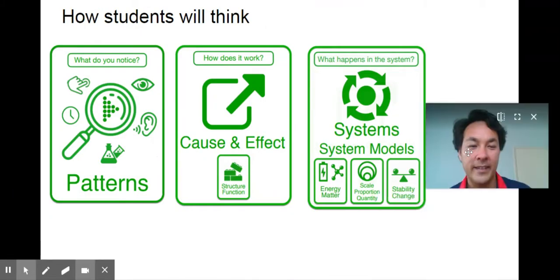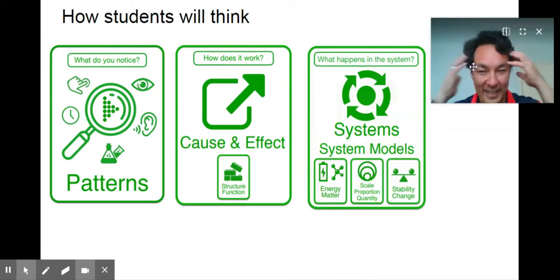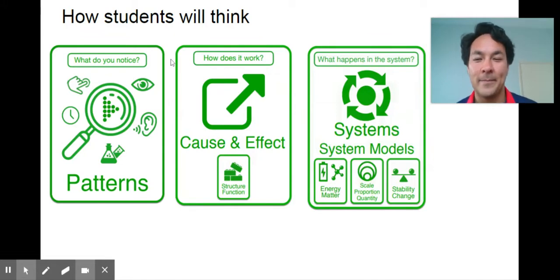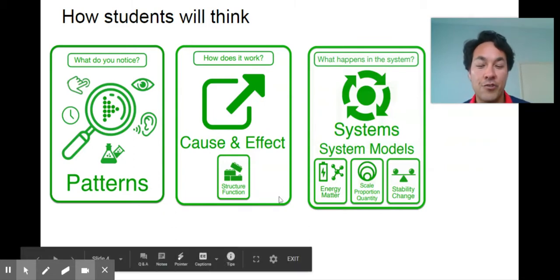Now, how will you think? Well, you'll think using your brain, obviously, but hopefully we'll develop some thought patterns, right? These come from the cross-cutting concepts in the Next Generation Science Standards. It's an area I'm definitely working on, but we'll ask you, what do you notice? What kind of patterns do you see? How does it work? We'll deal a lot in biology with cause and effect and structure and function.